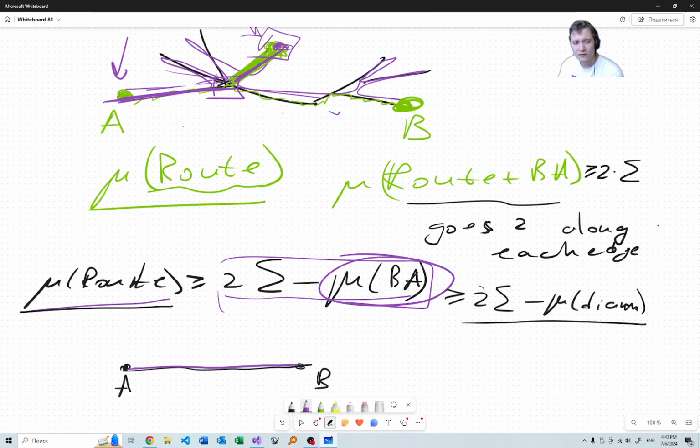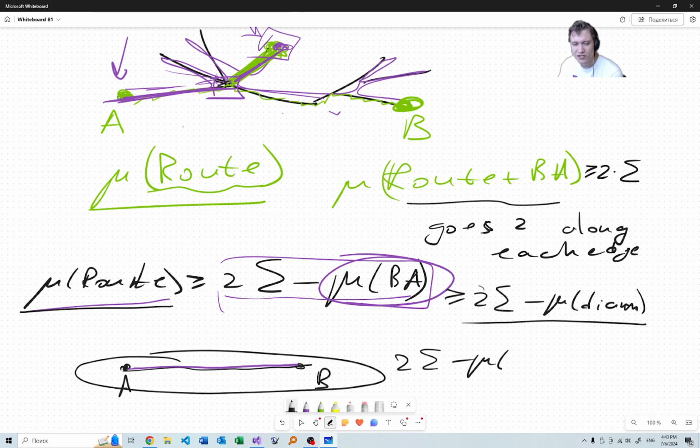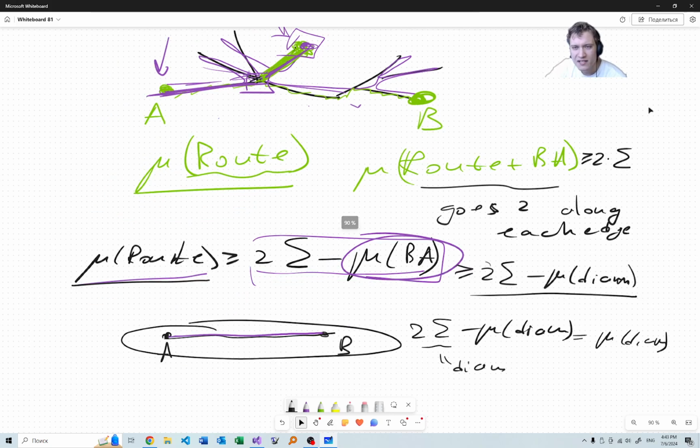And now let's notice that if we have only these vertices as our tree, then indeed the mass is 2 sigma minus mu of the diameter, because sigma in this case is equal to the diameter. So this is just mu of the diameter. Okay, now let's add some other vertices.